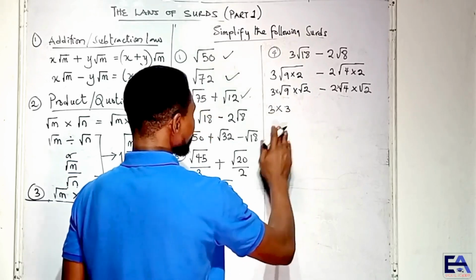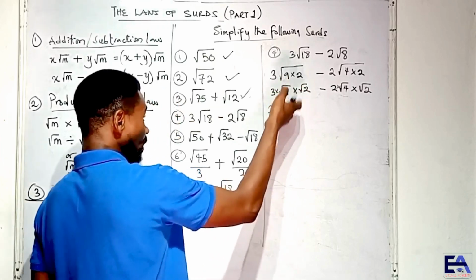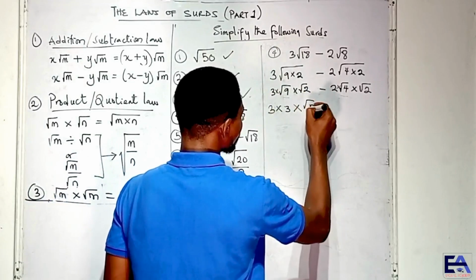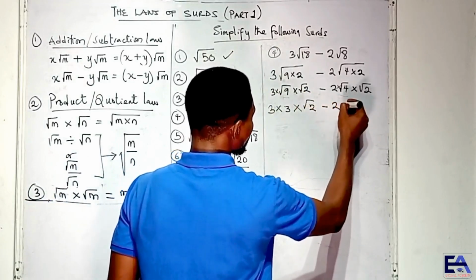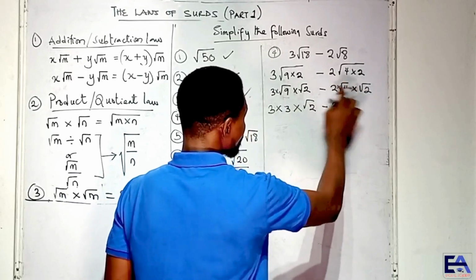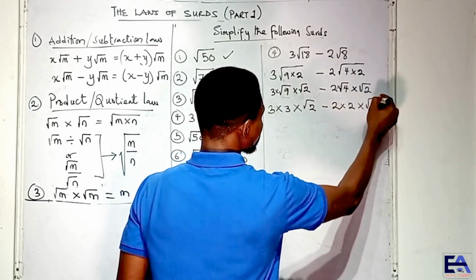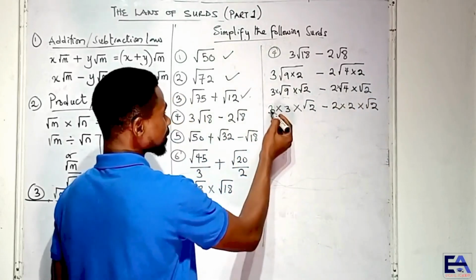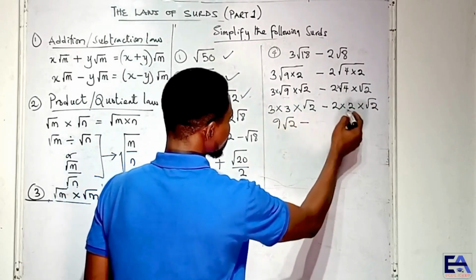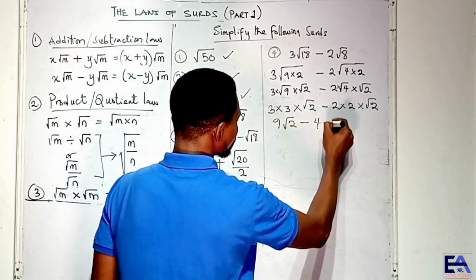Or you can just say the square root of 9 is 3, obviously. Then root 2 minus 2, you have 2 here for root 4. The square root of 4 is 2, then root 2. So at the end, 3 times 3 is 9, so you have 9 root 2 minus 2 times 2 is 4 root 2.